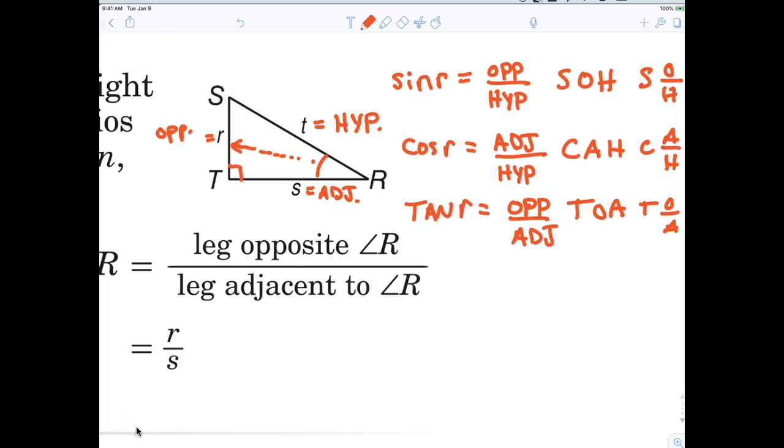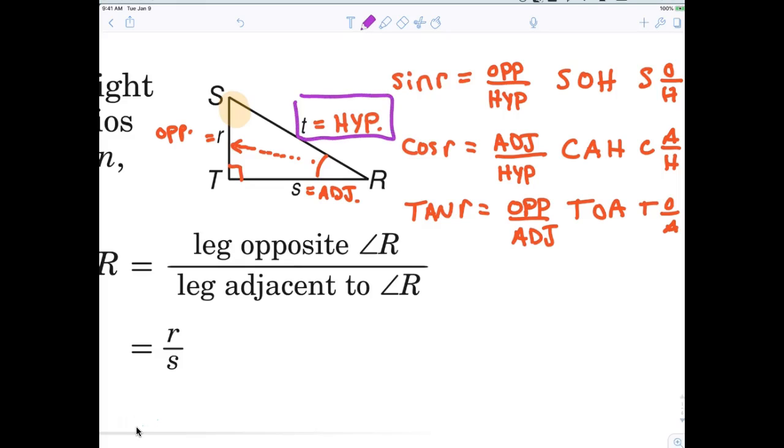Now the next thing I'm going to write up on the board, which is kind of confusing, and this is what you have to listen to me on: what if I was talking about S? If I was talking about S, is the opposite and adjacent the same? Not anymore. The perspective has changed. We're looking at the perspective from S, not from R. Does the hypotenuse ever change?